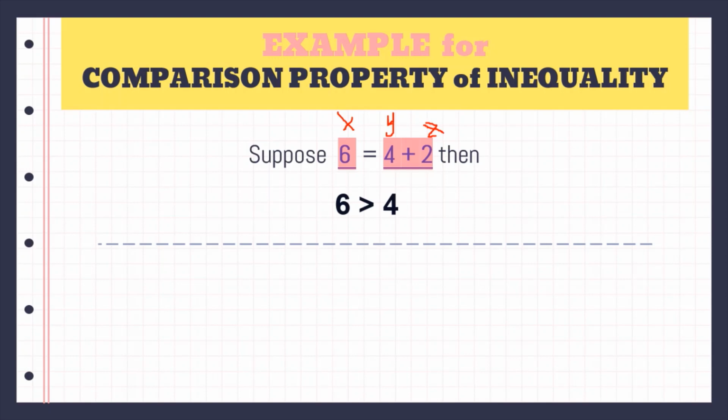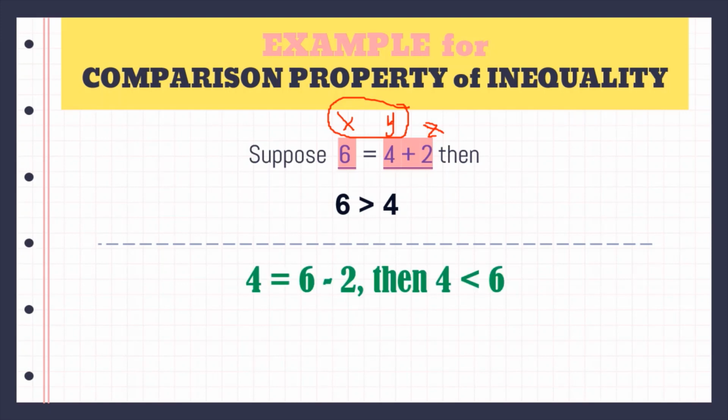So, si X and Y ang kinompare dito. Kasi, inadd lang si Z para mag-equal sila. Pero actually, kapag walang inadd na 2 dito, si 6 ay mas mataas kay 4.